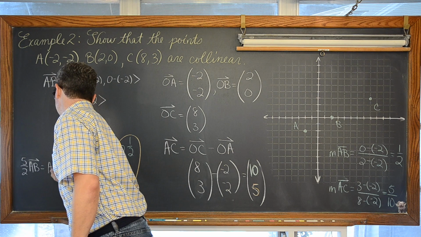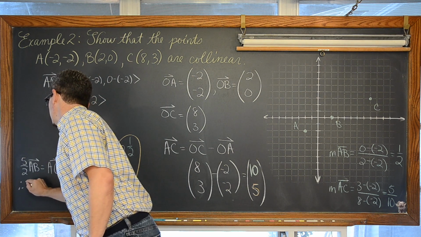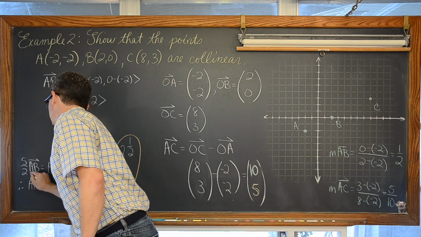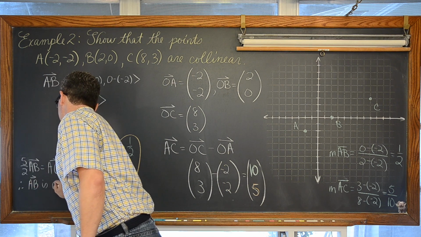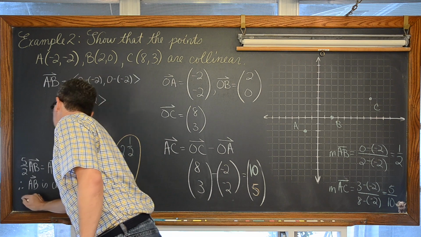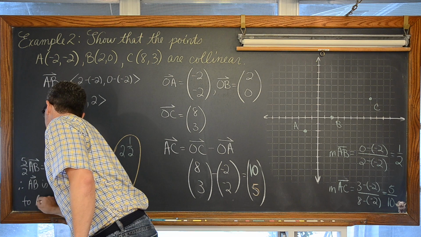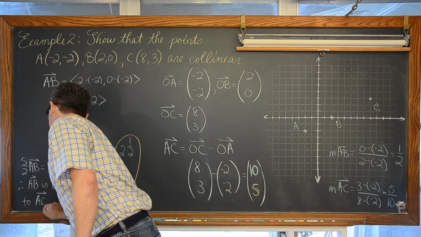vector AC. Therefore, vector AB is collinear to vector AC.